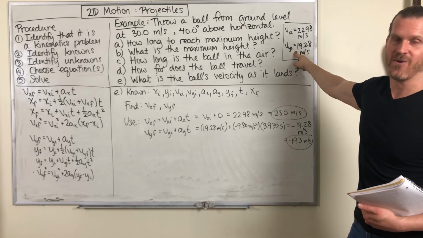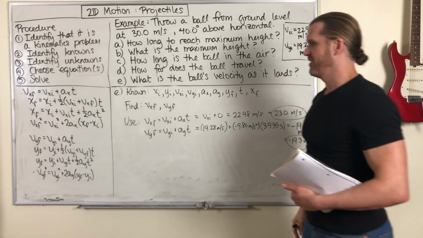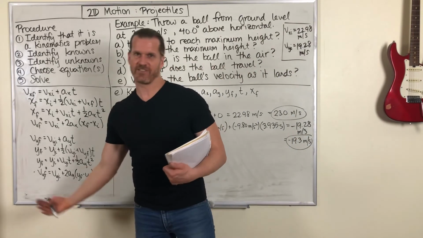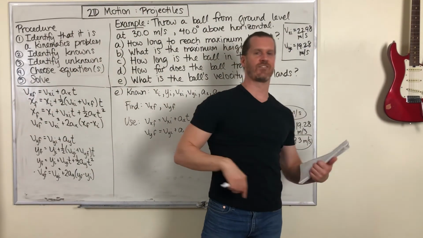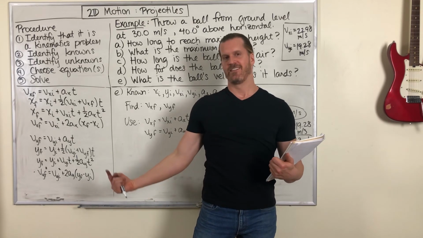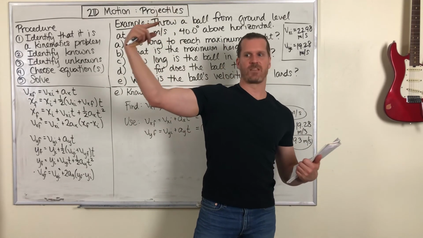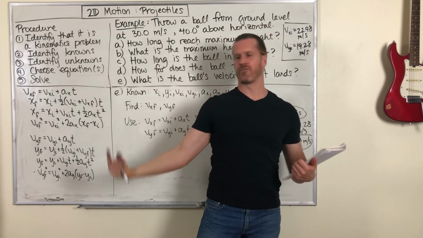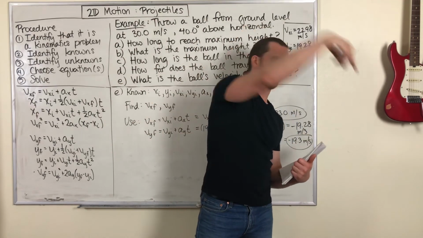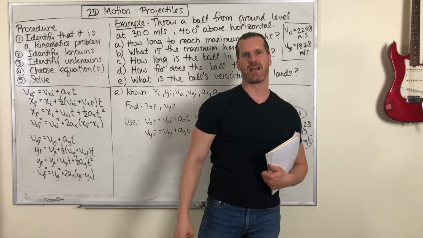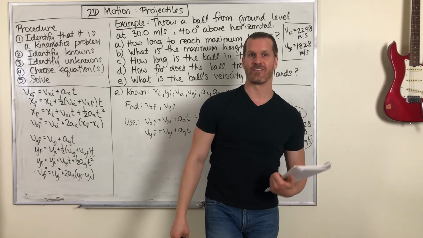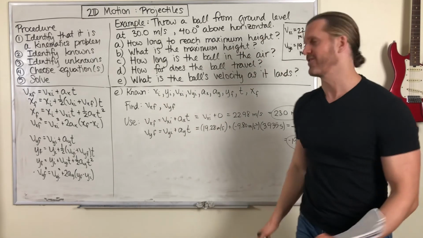It's just pointing down instead of up. So this projectile motion is nice and symmetrical. The horizontal velocity stays the same the whole time, and the vertical velocity ends up the same magnitude, just pointing down instead of up by the time the ball lands.